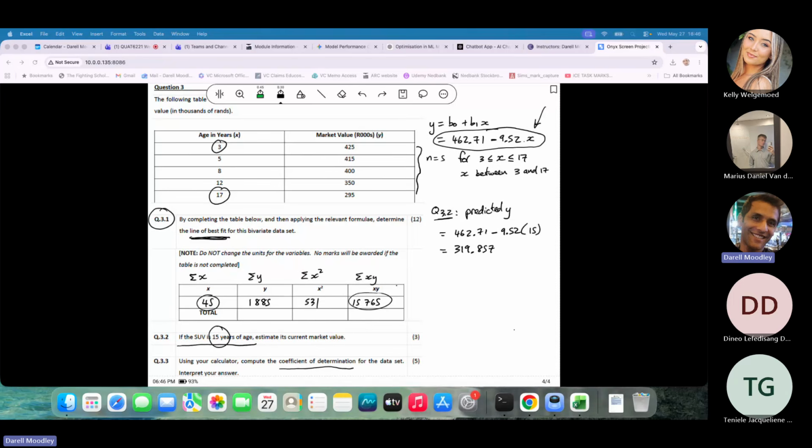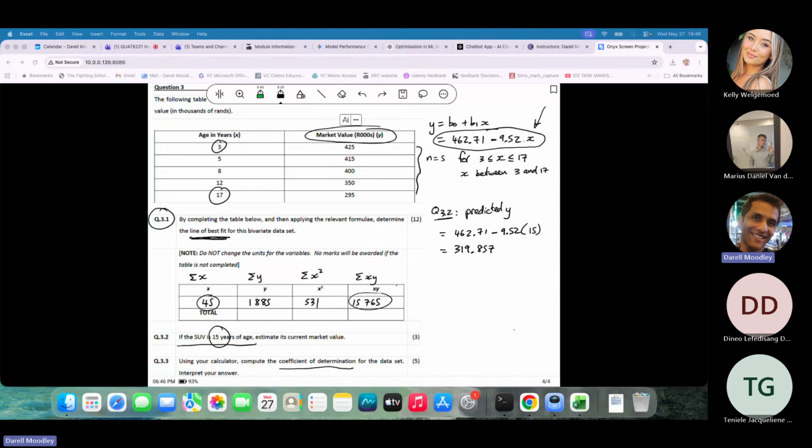Now remember, I'm not done, because the market value is in thousands. So I need to convert this to the actual value, because you're not going to find an SUV for 319 rands. You need to write the full amount. It's in thousands, so all I need to do is multiply it by 1,000.